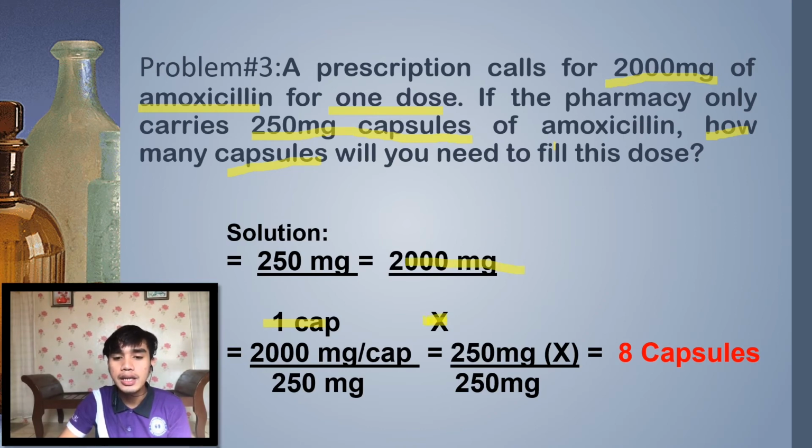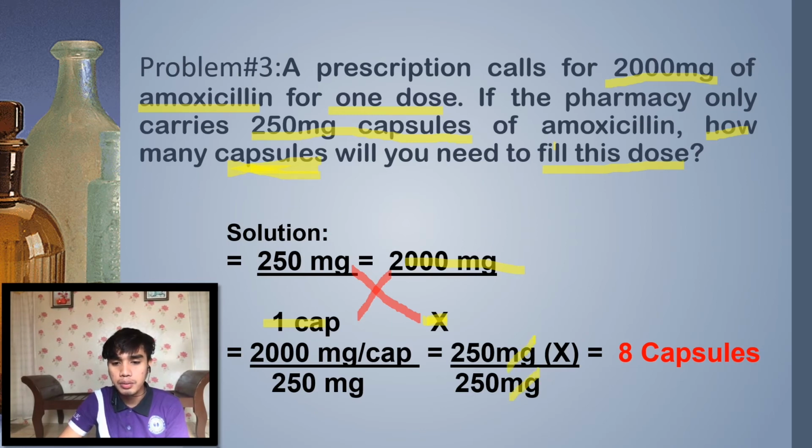So X here, we are tasked to find how many capsule we need in order to fill this dose. Just cross multiply again. So that would be 2,000 multiplied by 1 capsule, which is 2,000 milligram in each capsule, equals 250 times X. So next, just divide both sides by 250.